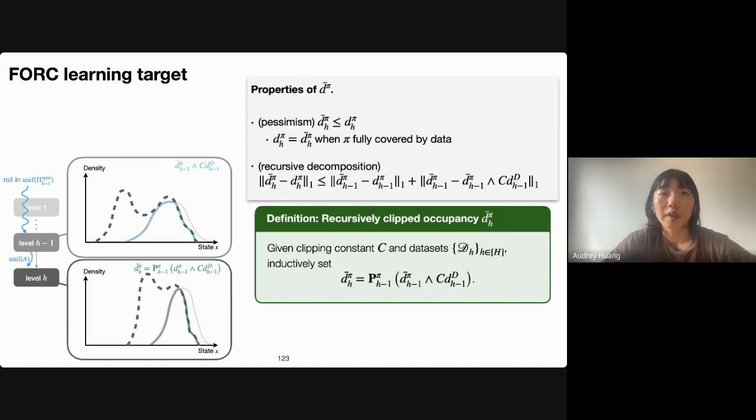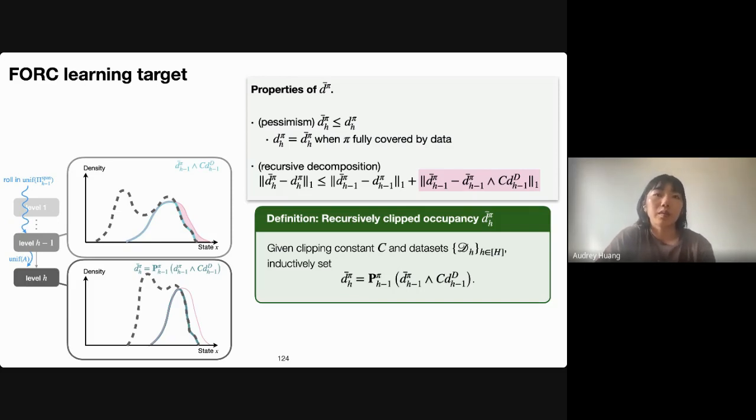The second is a recursive decomposition of the L1 difference between d bar pi and d pi, which expresses how much mass has been clipped away at each level. The decomposition shows that the L1 difference at level h is upper bounded by the difference at level h minus 1 plus this term in pink, which is exactly the mass we've just clipped from d bar h minus 1 pi due to incomplete data coverage at level h minus 1, shown in the filled in pink mass on the left.